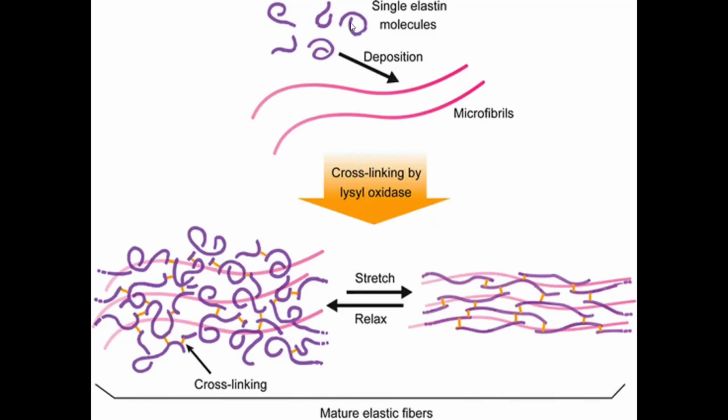So when we stretch these fibers, in fact we straighten the molecules by force, and when we release it, again these molecules form a random coil conformation. By stretching, we straighten them, and by relaxing, again they form coil conformations.